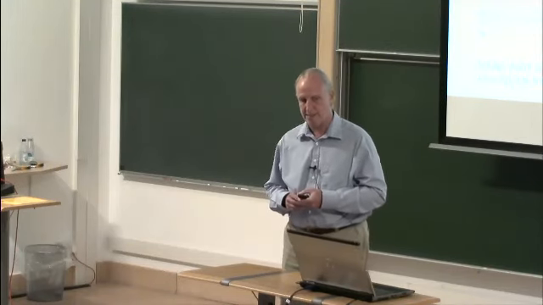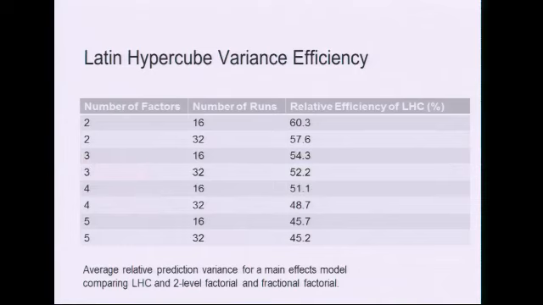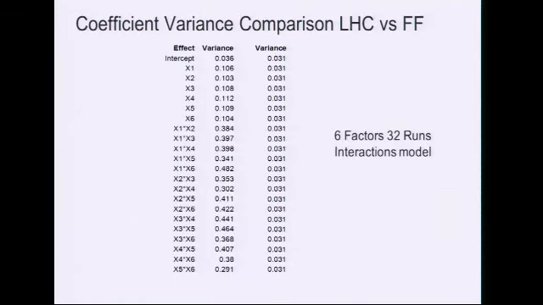And you can see that as the number of factors increase, the relative efficiency drops from the 60s to below 50%. And it gets even worse, in fact, much, much worse if you have interactions. So here we have 6 factors and 32 runs with an interactions model.